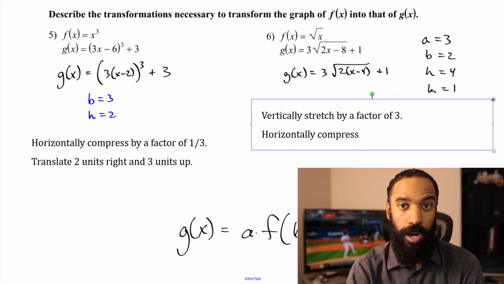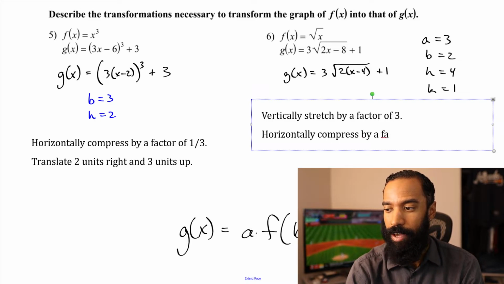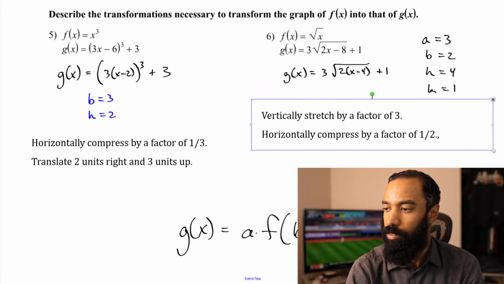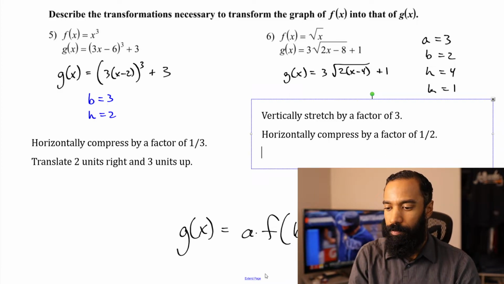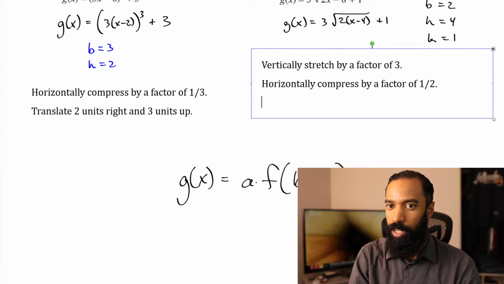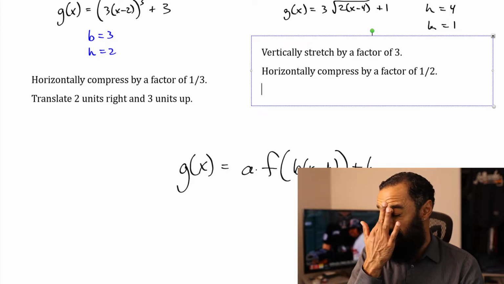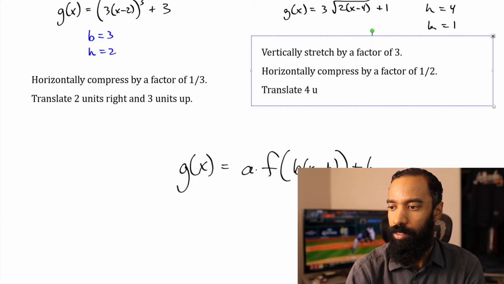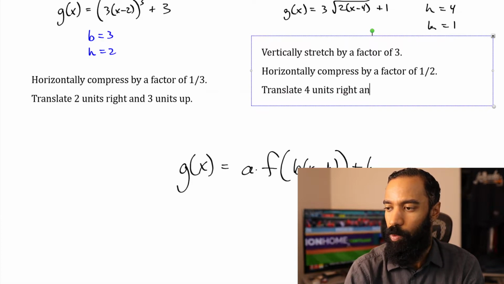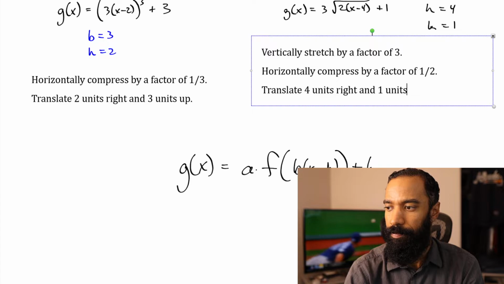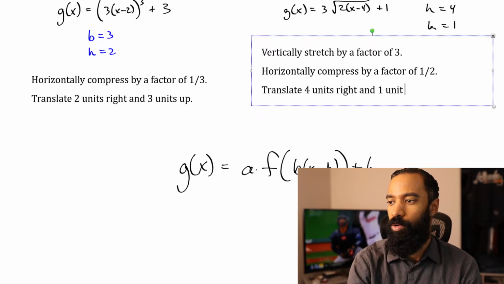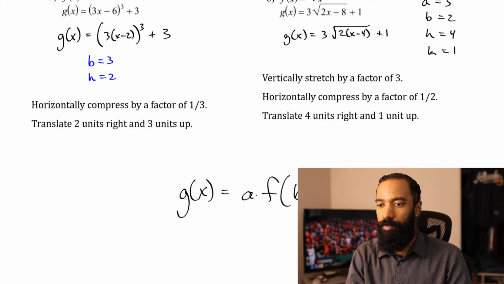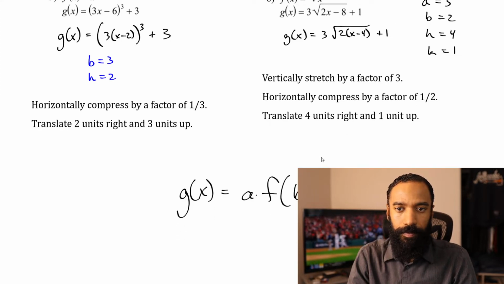I wish I had a 1/2 to say, but horizontally compressed by a factor of 1/2. I don't know if my picture's getting in the way here. H is 4. Translate 4 units right, and k is 1, and 1 unit up. There you go.